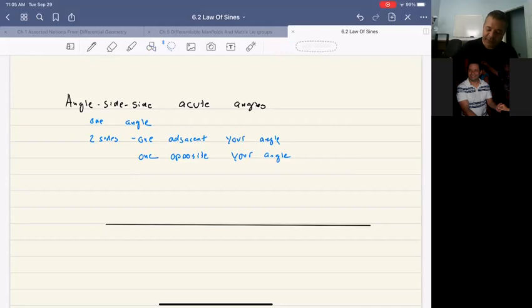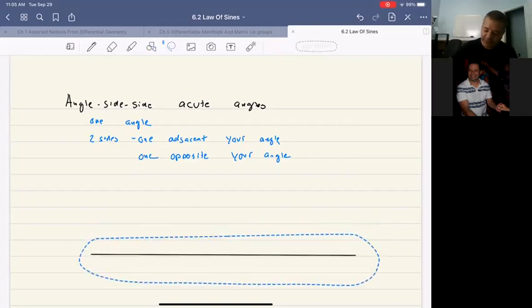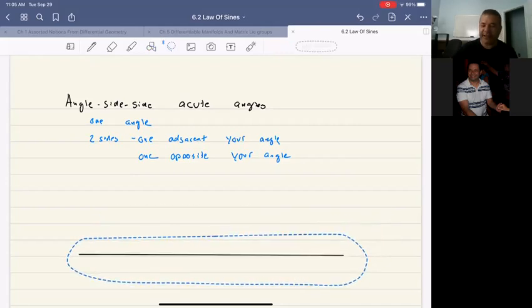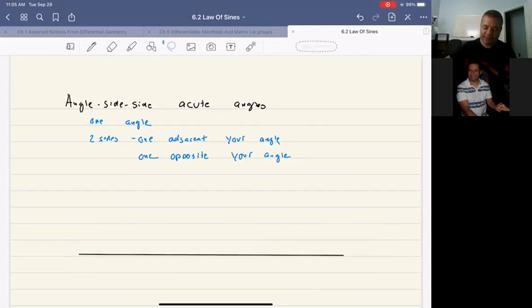It's not that it goes out forever, but that's the side I don't know. I'm going to draw my other side sort of going off of that side. So there's my side, and I'm always going to consider this to be the angle I know.